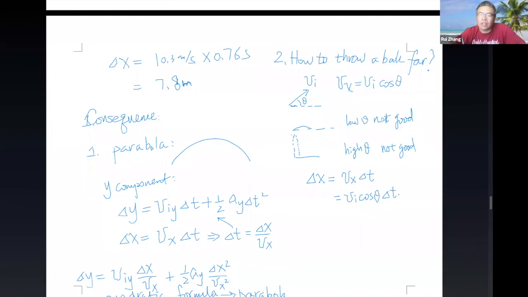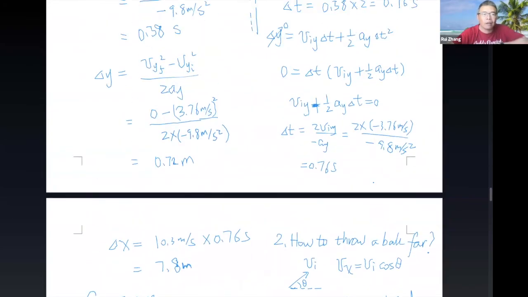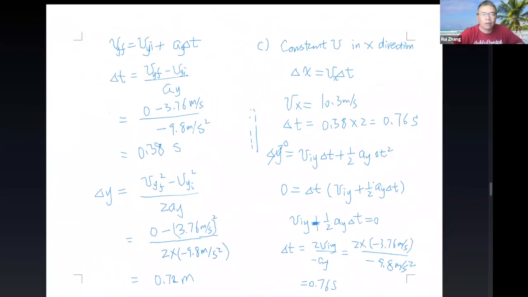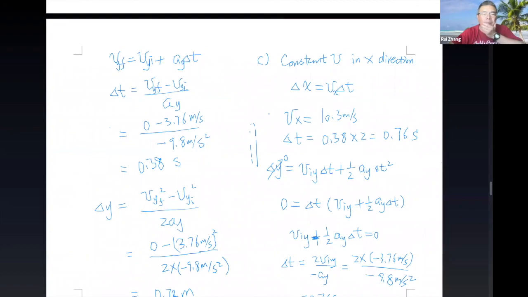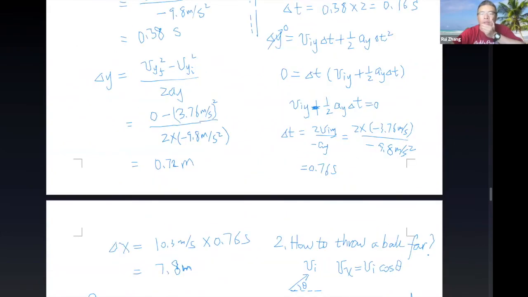That certainly also depends on the angle, because the higher you throw it, the bigger the y component, and the longer it's going to stay in the air. For that, we already have something here.